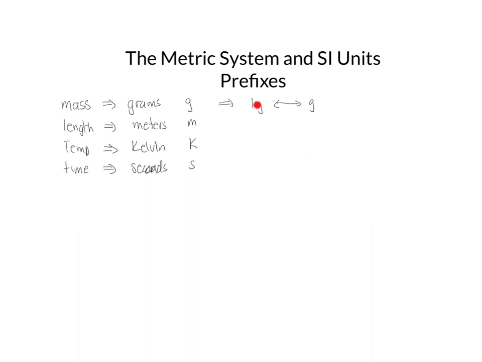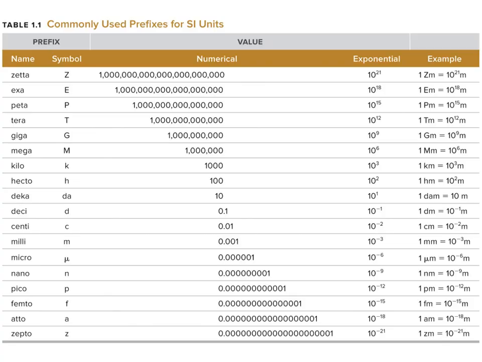So in this case, K stands for kilogram. The base unit is gram, the prefix is K for kilo. So there is a system of prefixes which make these basic units either larger or smaller depending on what prefix we use. Here's a full chart of all the prefixes used in the metric system.